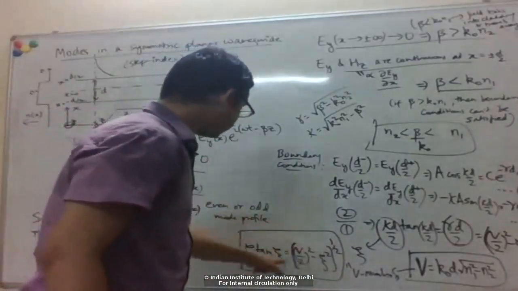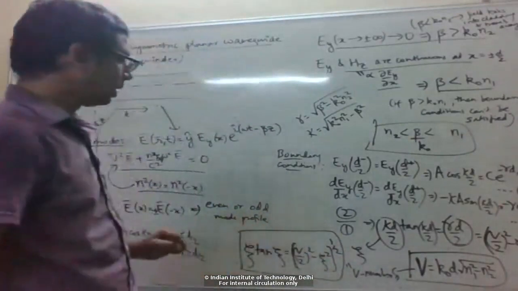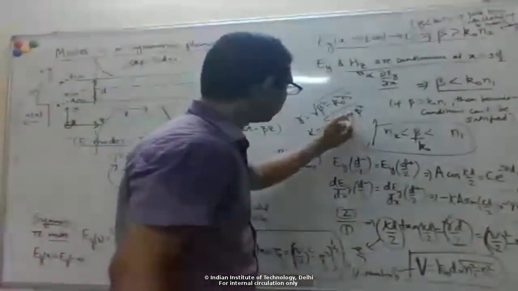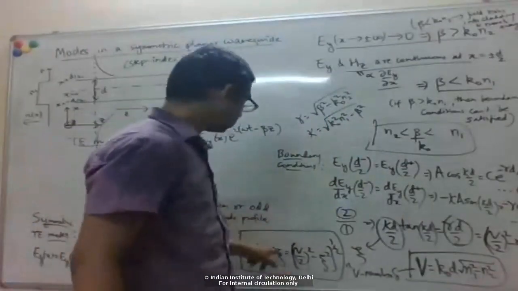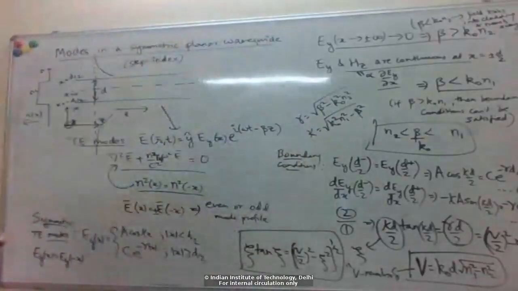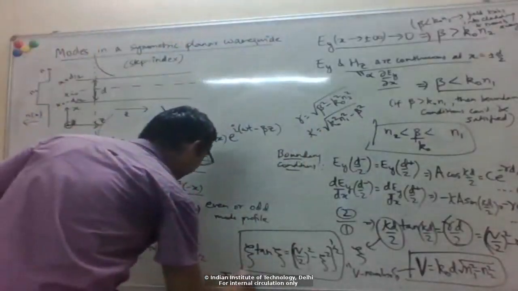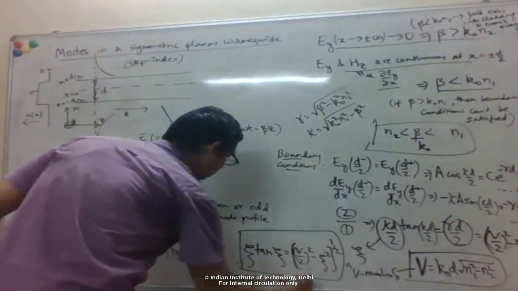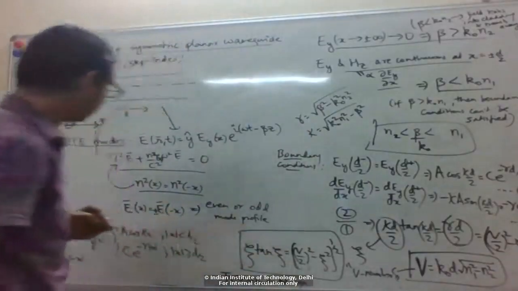If you solve this equation, you get a solution for zeta, and zeta is kappa d by 2, so kappa depends on beta. So the only unknown is beta. Once you have a solution for zeta, that corresponds to a value for beta, the propagation constant. So this is known as the transcendental equation for symmetric TE modes.